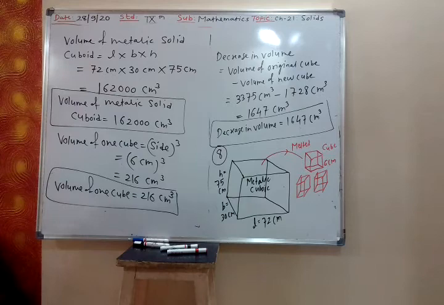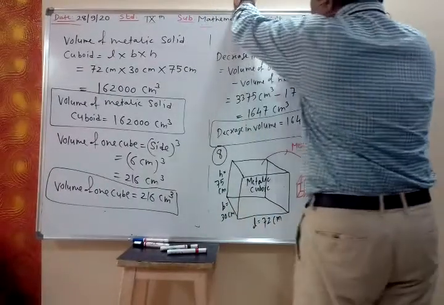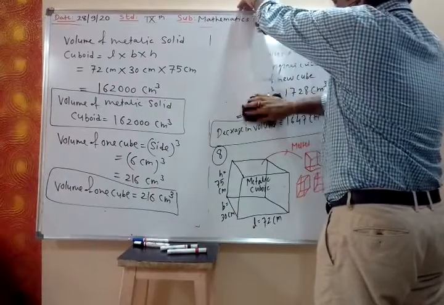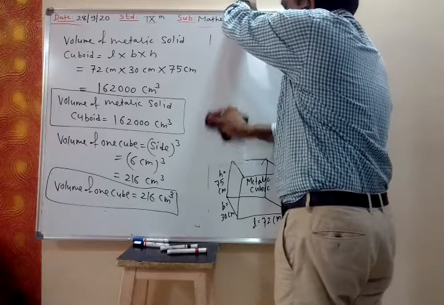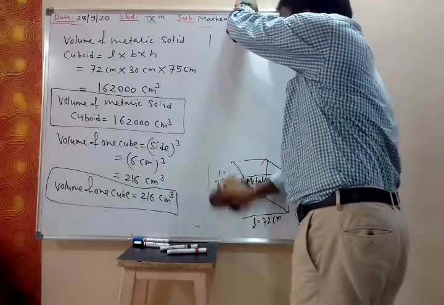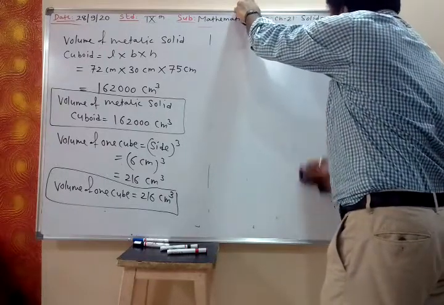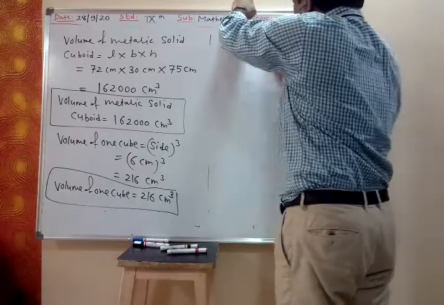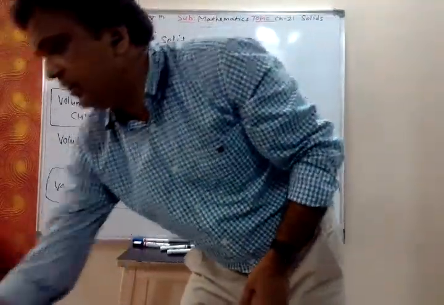So write down the required number of cubes so formed. We have to find the required number of cubes. How many cubes are formed after melting and recasting?